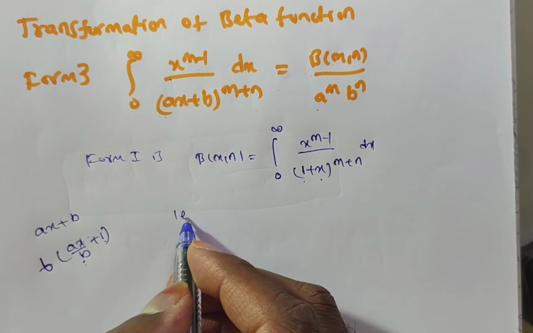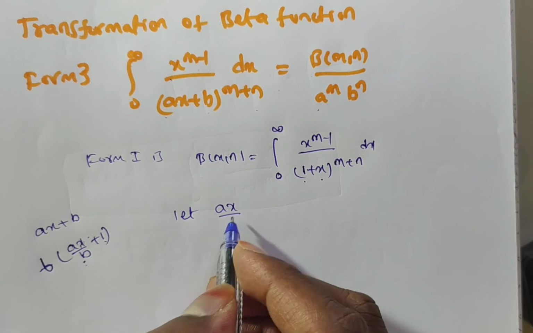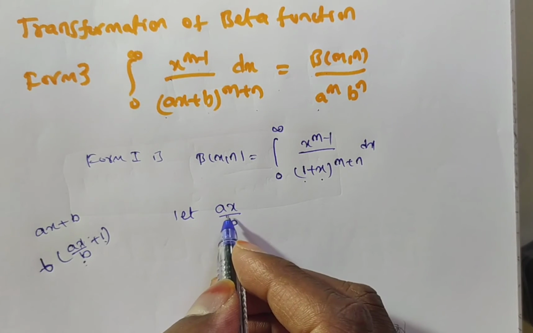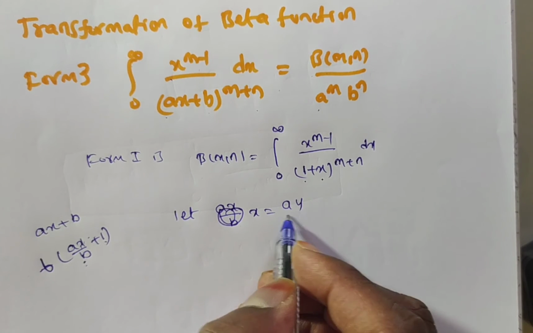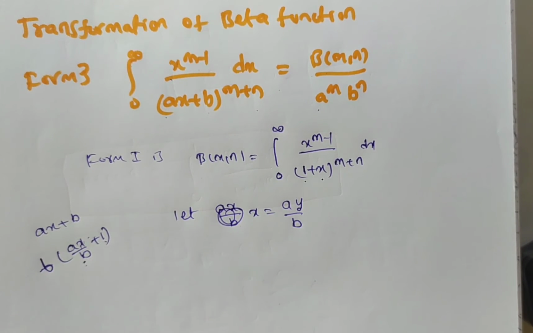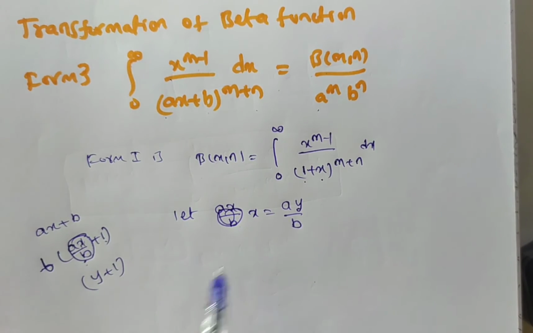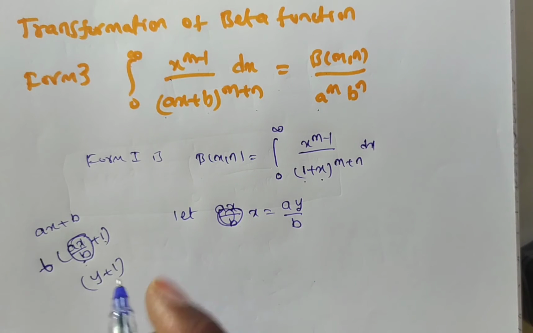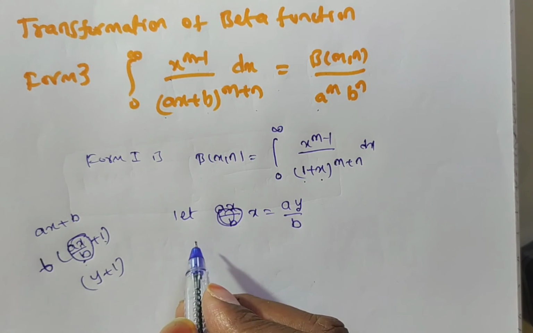So I am considering this ax by b, or else here you have only x, so x is equal to, I am considering, by by a. So if you consider this as y, then 1 plus y. Now like 1 plus x or 1 plus y. So consider x is equal to by by a.